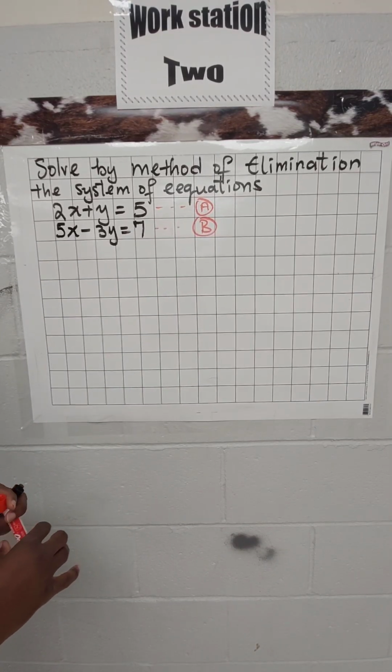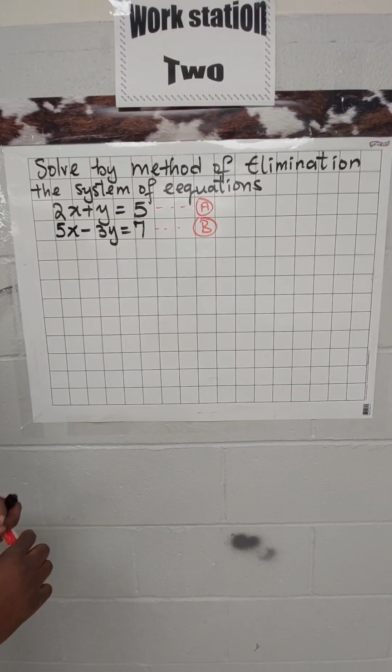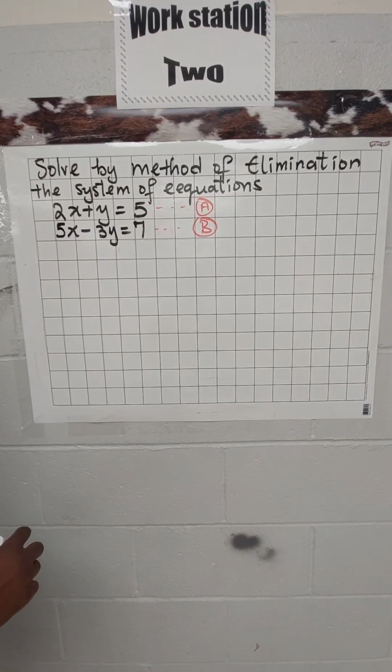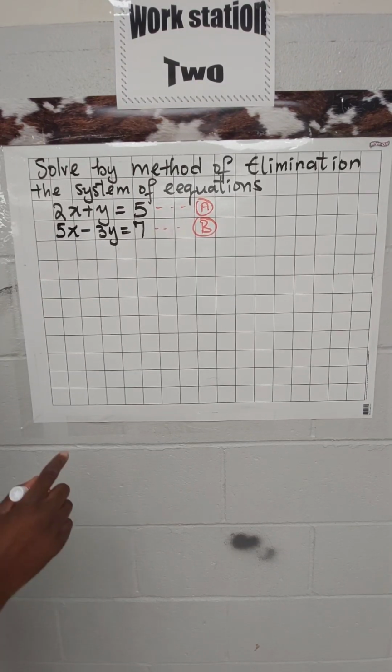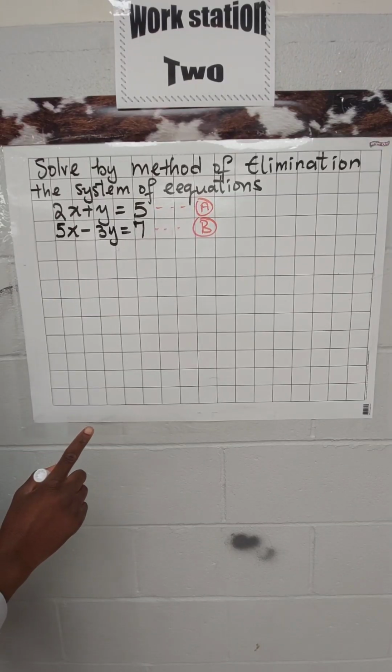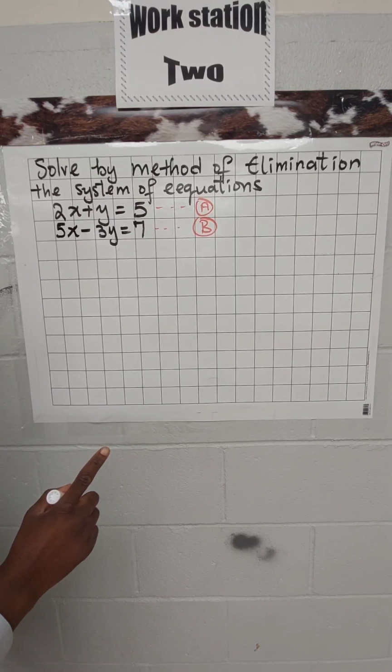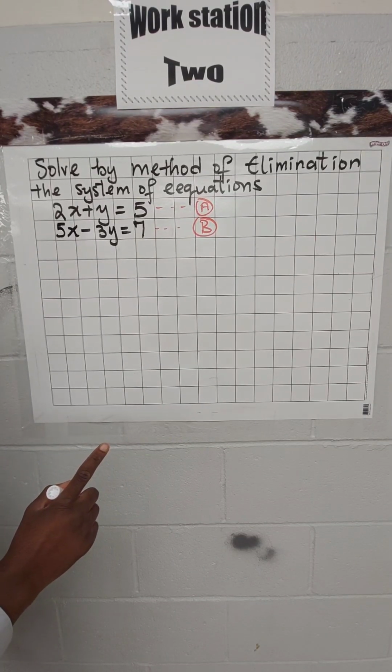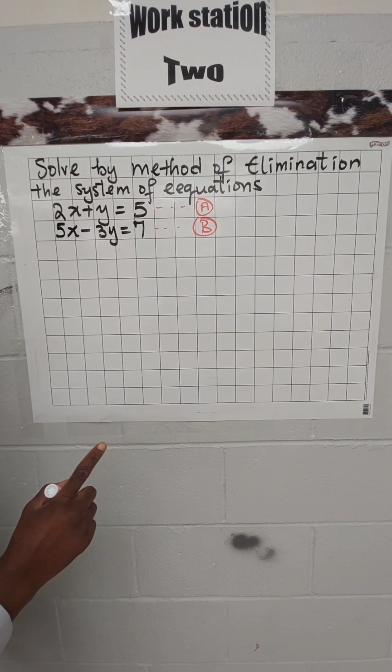Looking at equation A, the first step for the elimination method requires you to compare the coefficients to find additive inverses or the same coefficient.